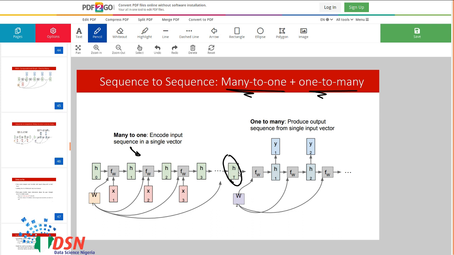After that, we create the outputs from the single hidden state, so it is a one to many task. So this is some kind of encoder because it encodes the inputs into one single vector, and this is a kind of decoder network, which decodes this encoded vector to different words probably.